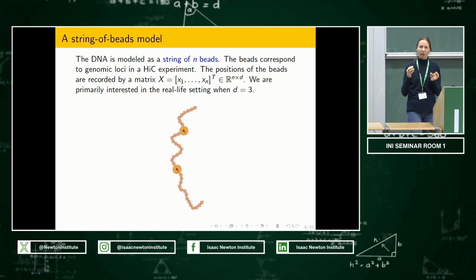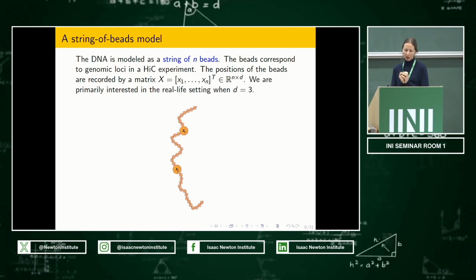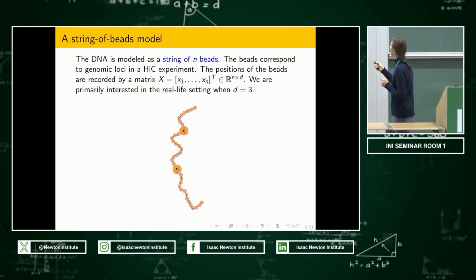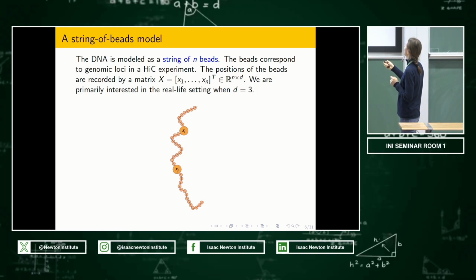So you can think of this as some kind of discretization, or aggregation, of the genomic information. And we will record the positions of the beads in a matrix X with rows x1 to xn.